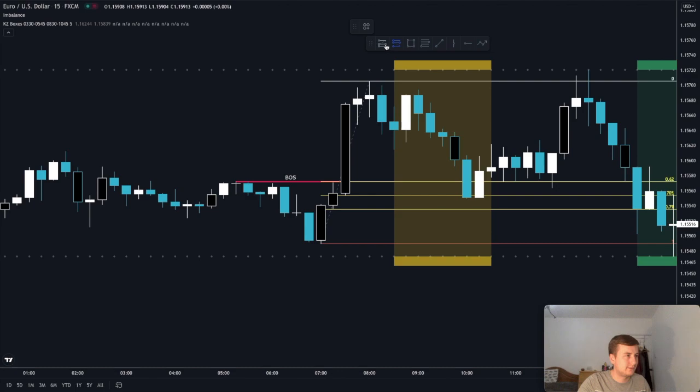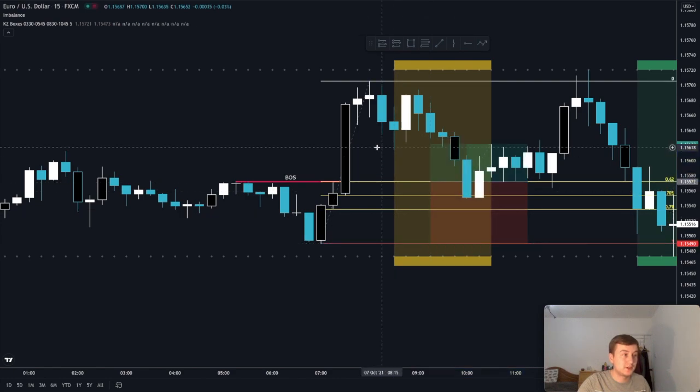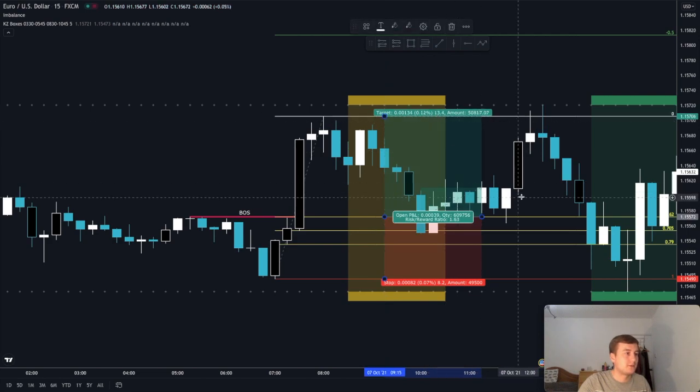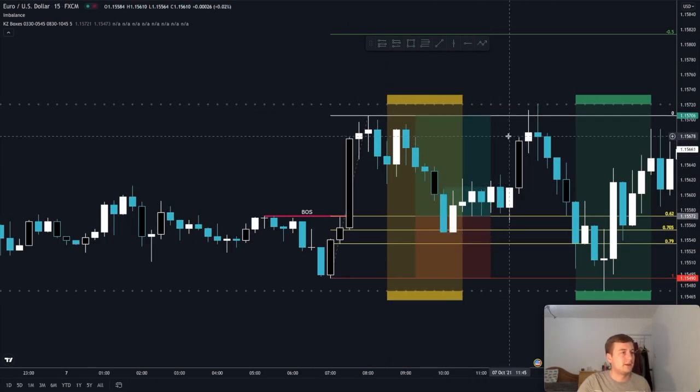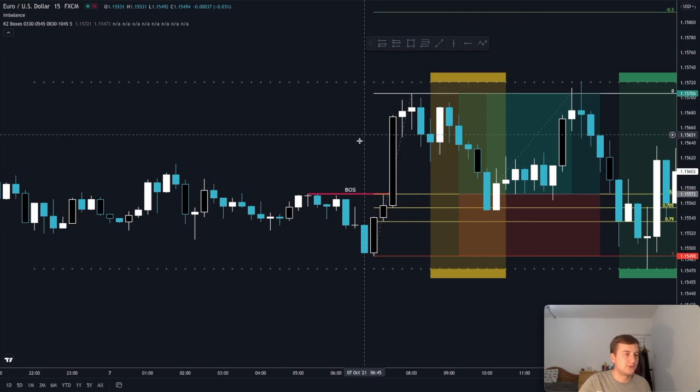I'm now going to enter. And my first target, always remember partials, guys. Always use partials, otherwise you will lose. Okay, first target is going to be the 0 mark. Cool, this trade I won. But I don't know why. Of course I know why.